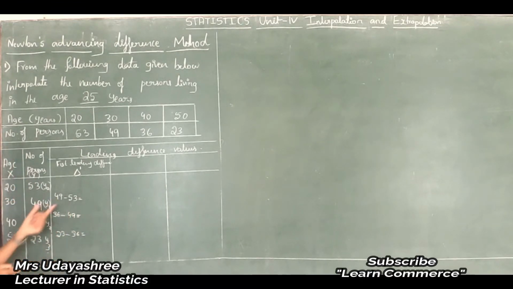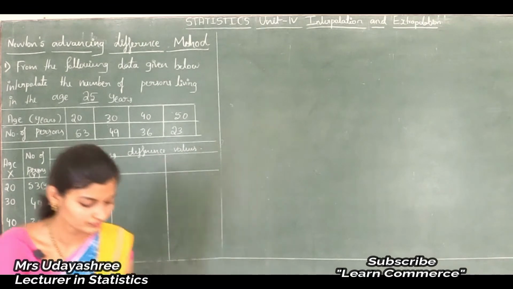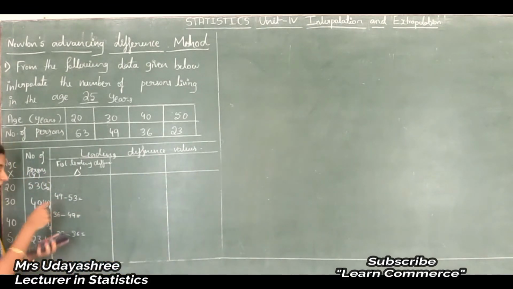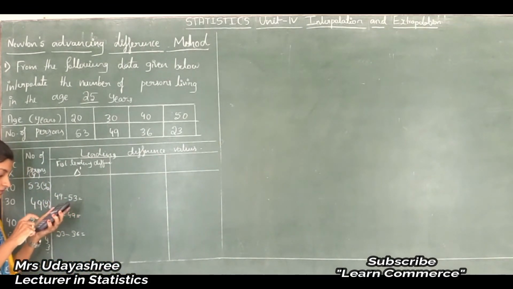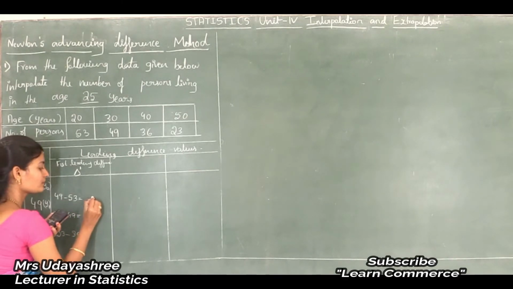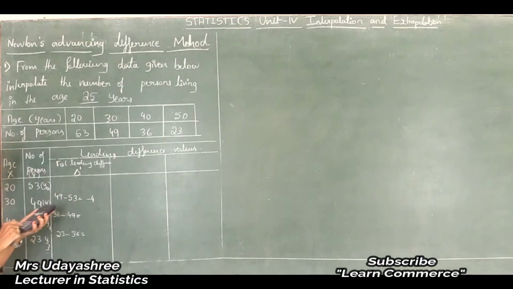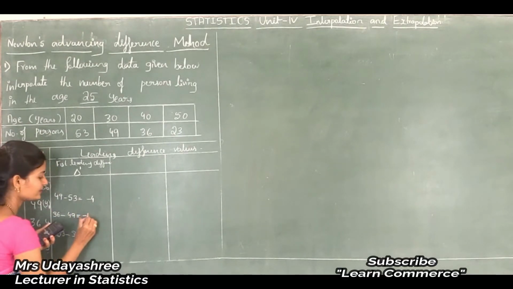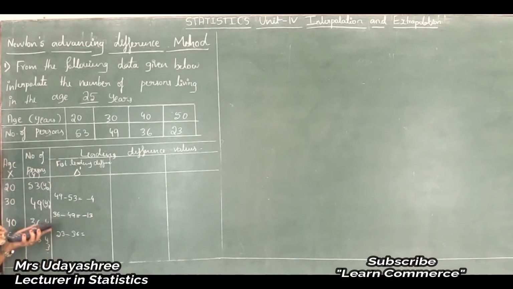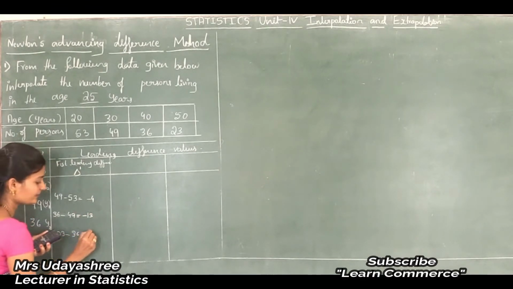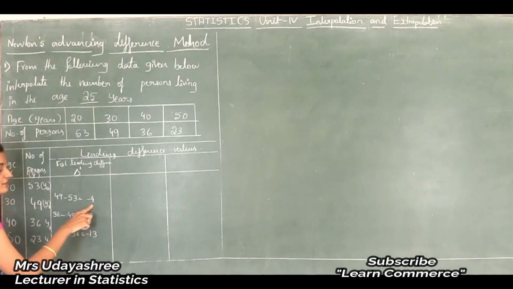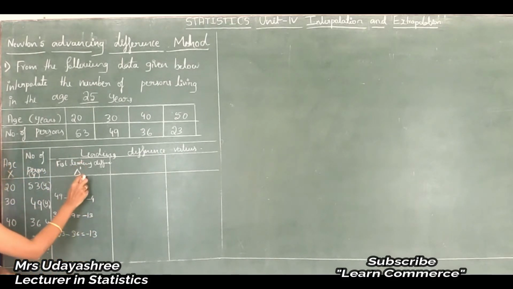So the first value, 49 minus 53, is minus 4. Next 36 minus 49 is minus 13, and 23 minus 36 is minus 13. These are the delta 1 observations, or first leading difference.